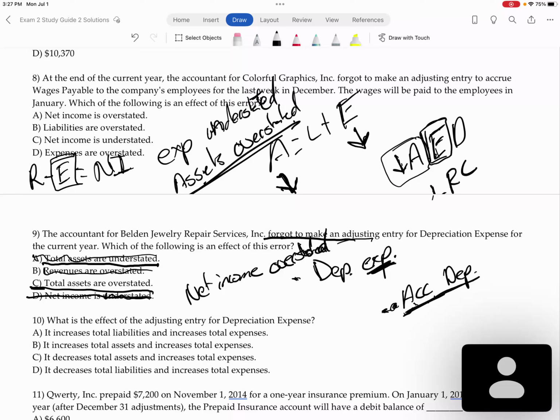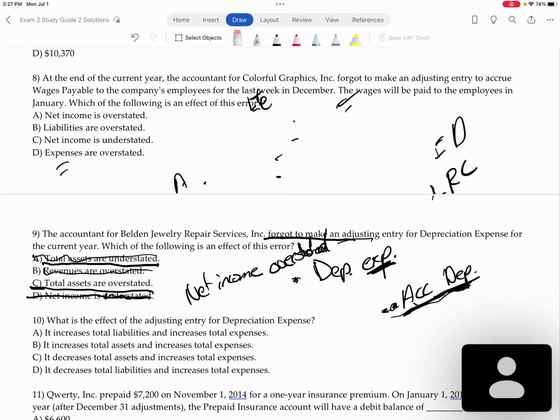Because we didn't record an expense. Our assets would be overstated because we didn't record this credit, or net income would be overstated because net income is simply the result of revenue minus expenses, okay? So that's one problem that it gives us here, okay?